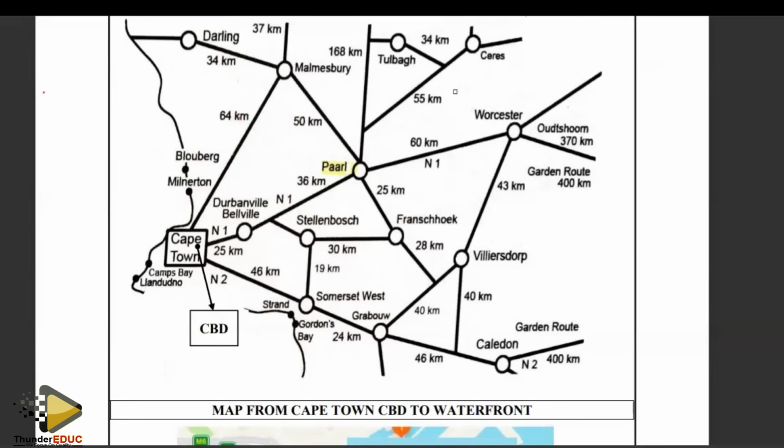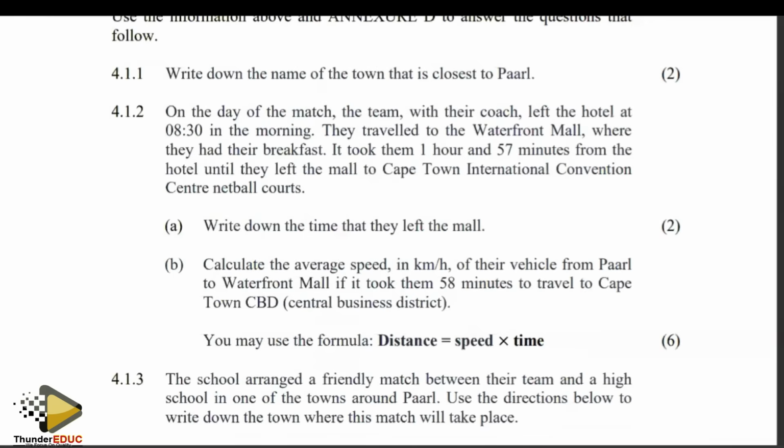So Pearl to this place here, it's 25. To this place here, it's 60. To this place, it's 50. So the nearest town is this one here. So we shall go back and rewrite. The nearest town is Franschhoek.